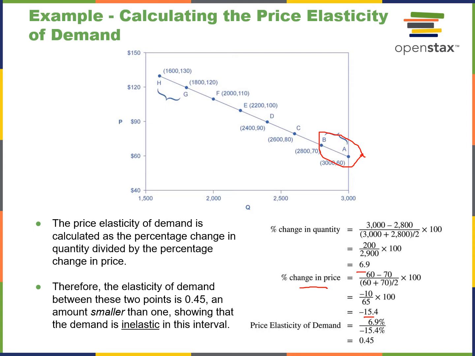The price elasticity of demand would be the change in quantity divided by the change in price. When they divide that out, that's 0.45. If you recall from the previous slide, this is less than 1, so therefore inelastic.